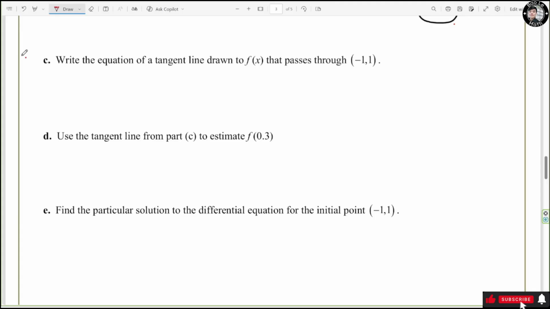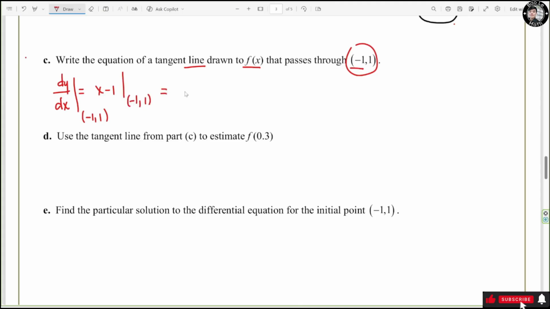Question C. Write the equation of the tangent line drawn to f of s that passes through -1 and 1, right? So we have the slope formula. It's going to be dy over ds equals s minus 1, right? Now we need to evaluate this slope at this point right here, right? So we're gonna draw the line and we put -1, 1 right here, right? It's gonna be the same thing right here, -1, 1, right?